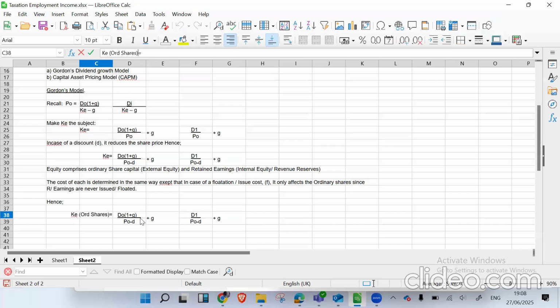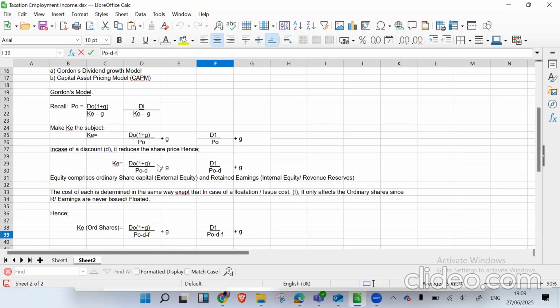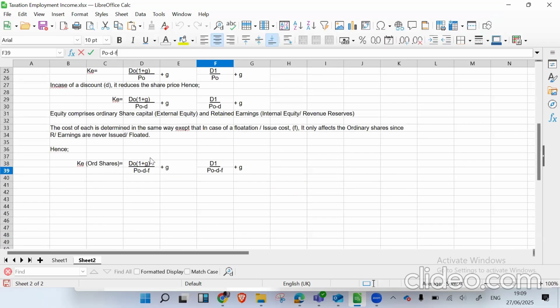So KE of ordinary shares will be equals to DO over PO. Kama kuna discount una less, kama kuna flotation cost una less. If you're using DO or D1, kama kuna discount or flotation cost, you less them. You less those ones.